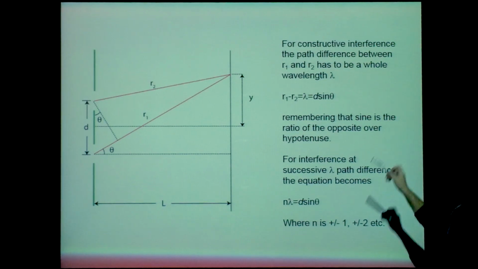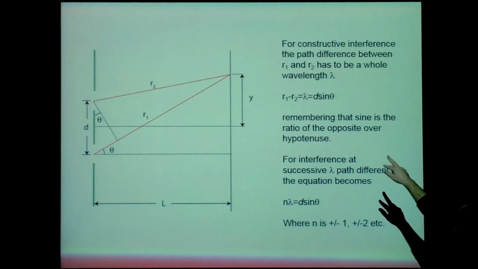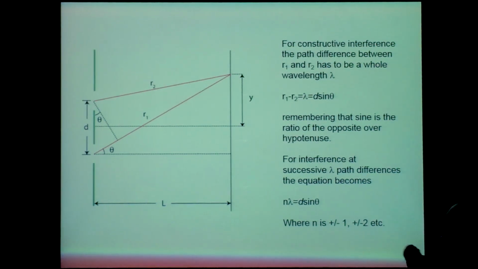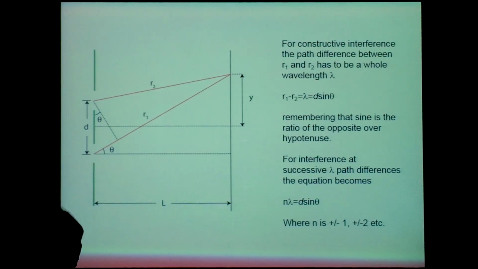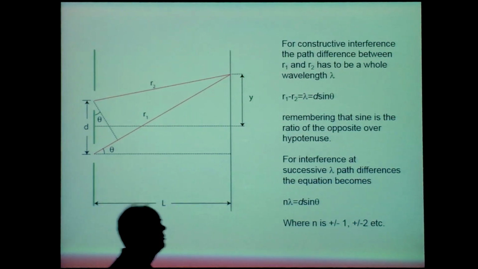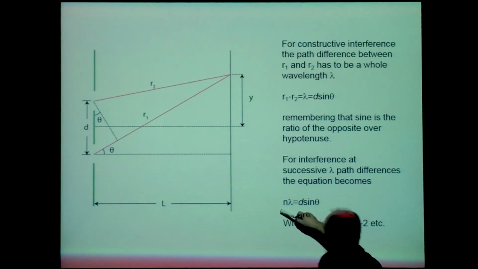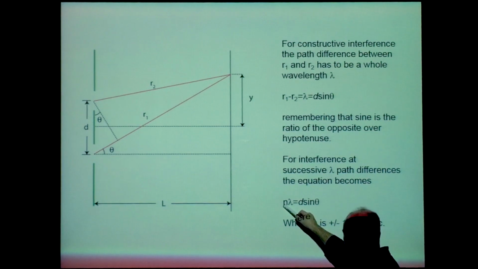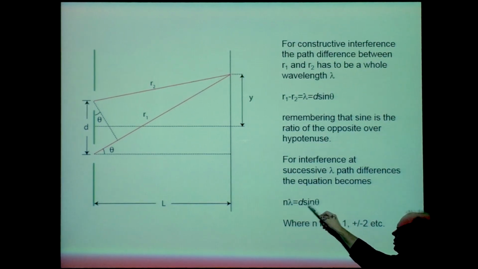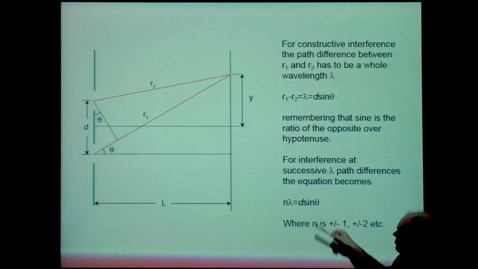And your simple geometry will tell you that lambda is equal to d sine theta, where d is the distance between those two gaps in that little grating that we have, those two holes there. And this gives you an equation where n is a whole number, so one wavelength, two wavelengths, three wavelengths, times the wavelength is equal to that d sine theta.